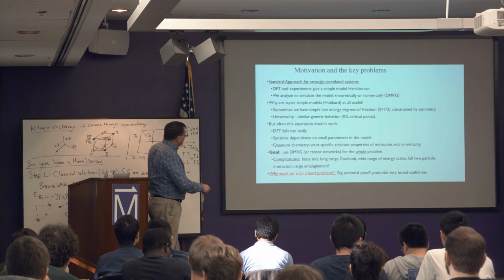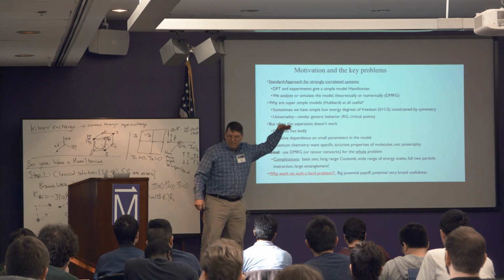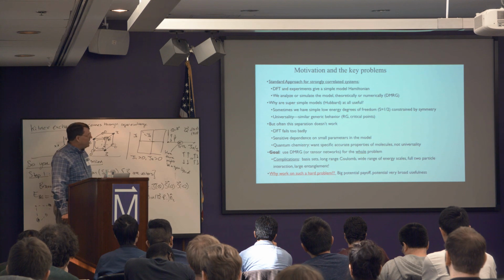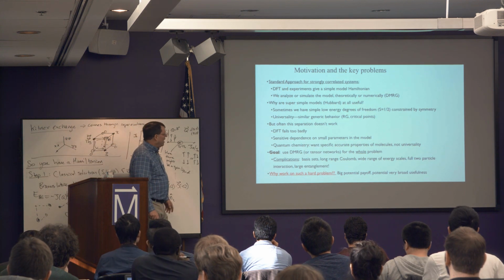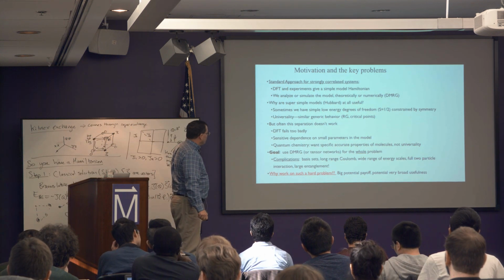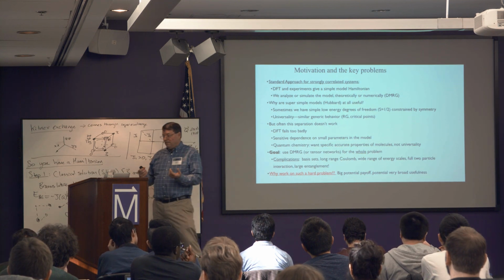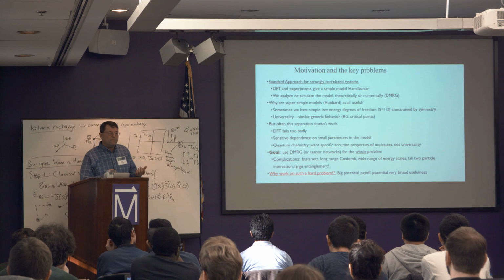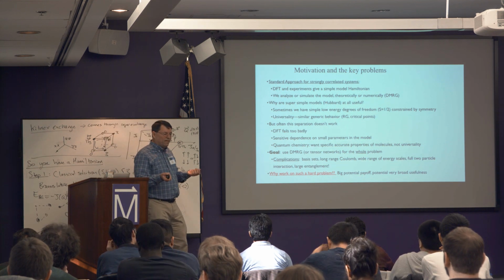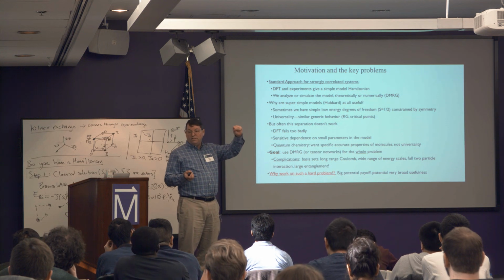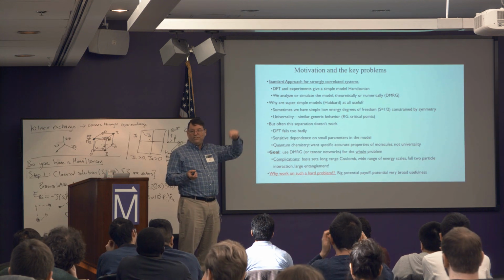But often this separation between these two parts of the work doesn't work. DFT may fail too badly. Another thing is that as we've improved our simulations of things like the Hubbard model, we find that tiny parameters in the model, which we're not able to determine very well, can change which phase you're in.